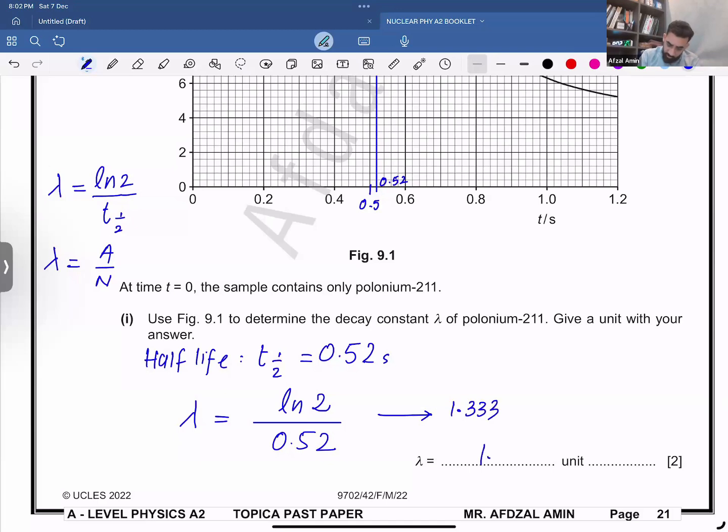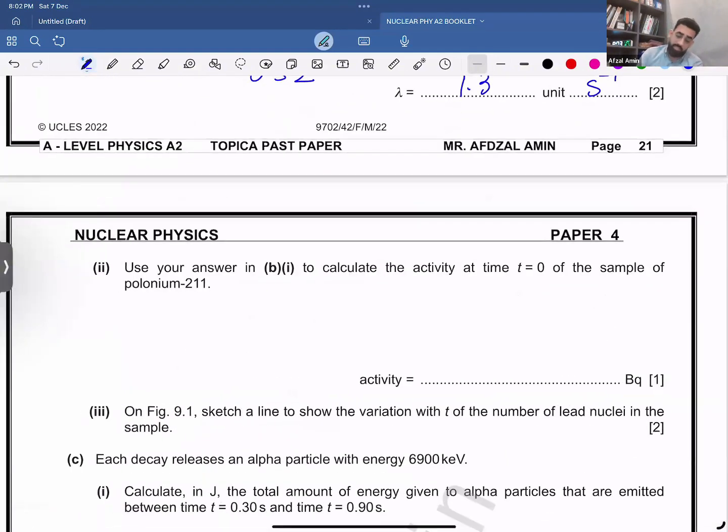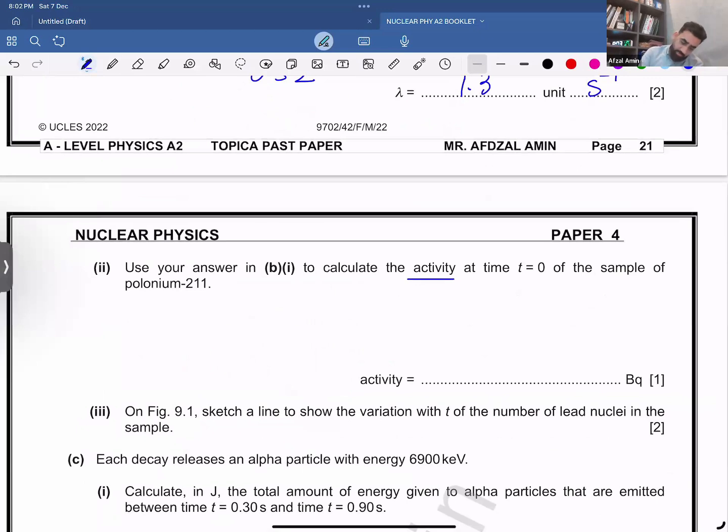1.333. So 1.3 s minus 1. Because you use seconds, so per second. Days, per day. Good? Makes sense, my dear students? Now you have lambda and you want to calculate activity. Activity symbol is what? A. You have both. Write the other equation.